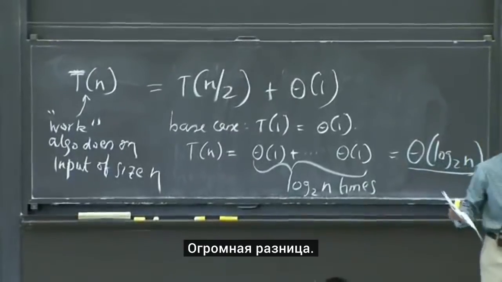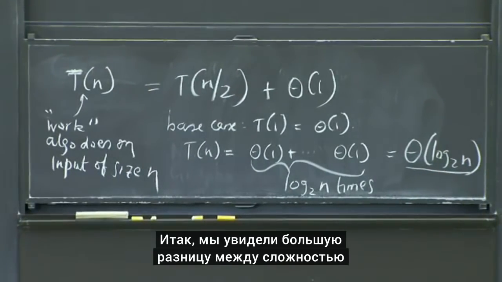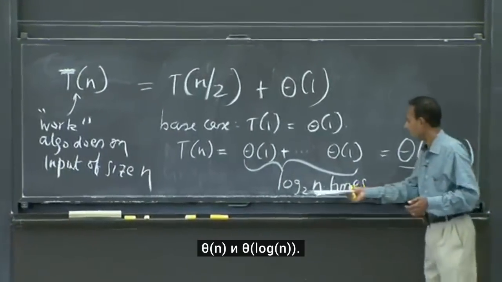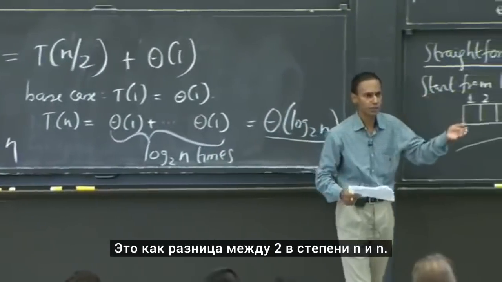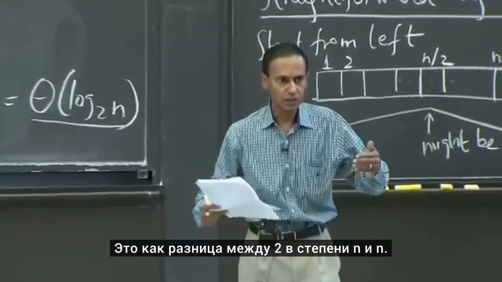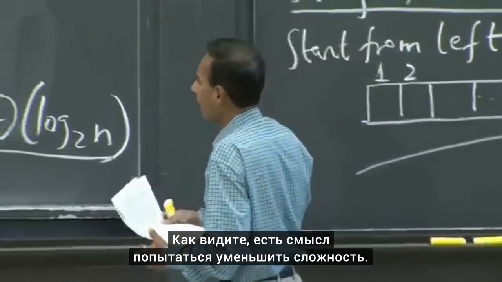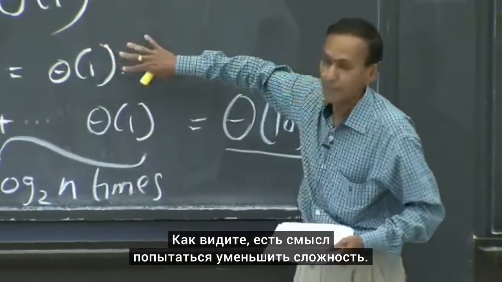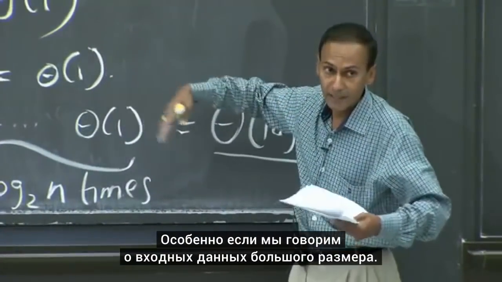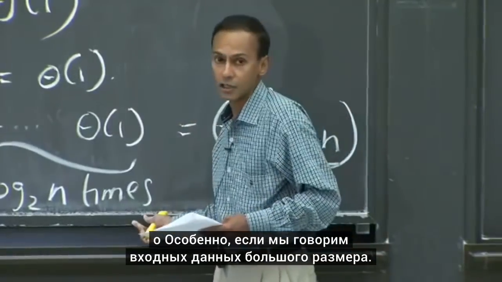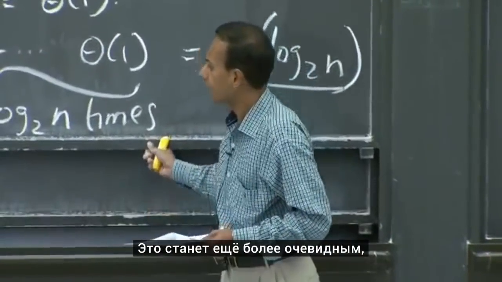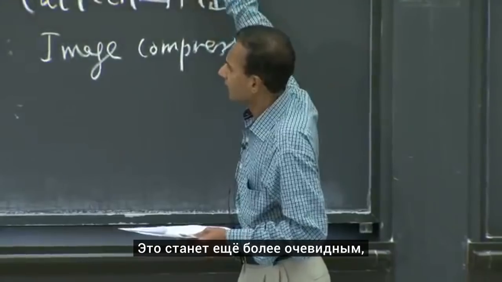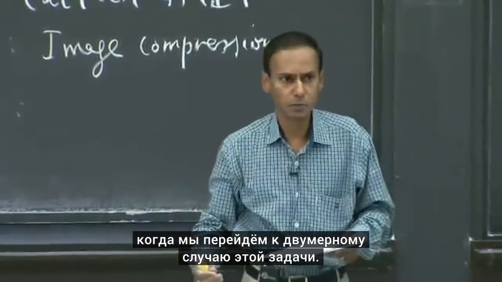Huge difference. So there is a big difference between theta n and theta log n. It's literally the difference between 2 raised to n and n. It makes sense to try and reduce complexity, especially if you're talking about large inputs. And you'll see that more clearly as we go to a 2D version of this problem.